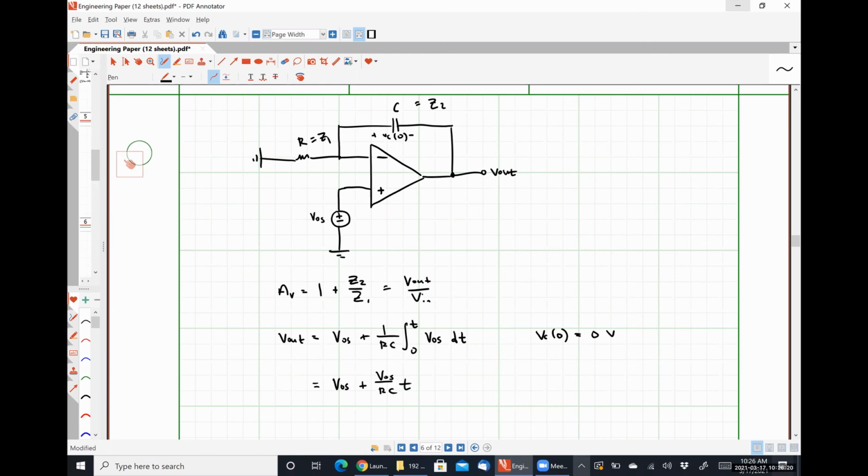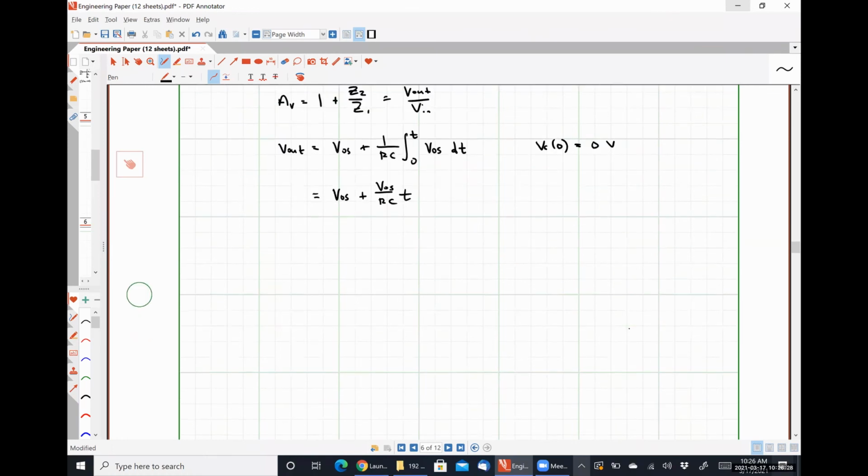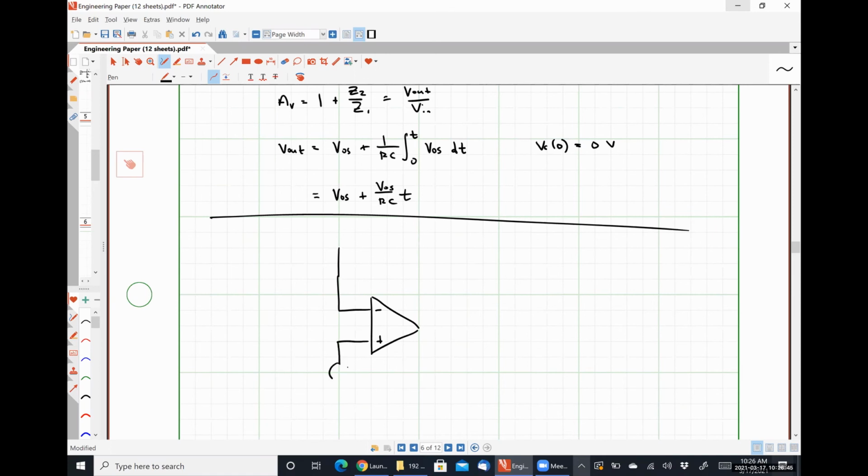So what we can do to get rid of that is put a resistor in parallel with that capacitor. So that's going to look something like this. Offset.